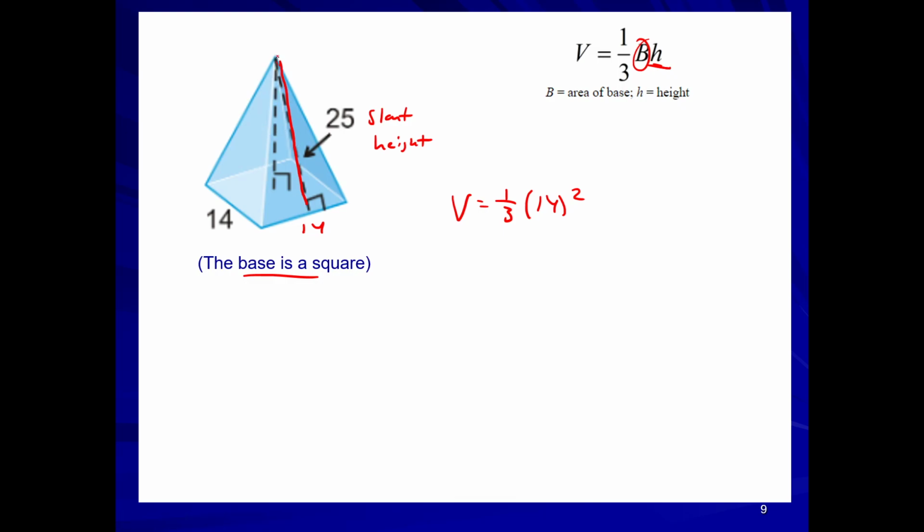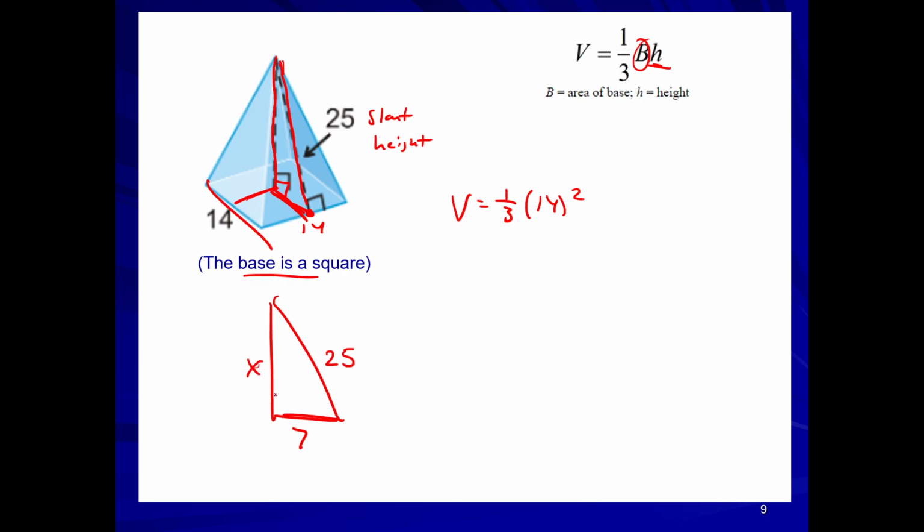Okay, well, this is just a little bit of being clever. We think about, hey, if I drew a line from here to here, if you can imagine for a moment in 3D, that makes a right triangle. And this is a square, so this is going to be halfway. So if this is 14, this will be 7.